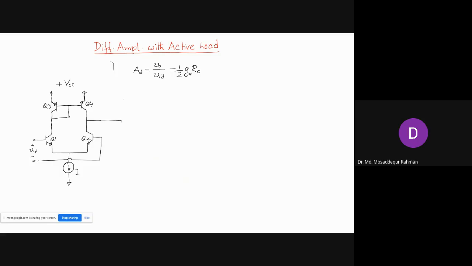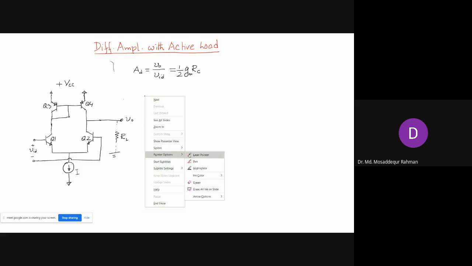To find the gain, first we need to know the load resistance. There's nothing connected, but I am just assuming some load resistance here. In the previous circuit, RC was working as the load resistance.